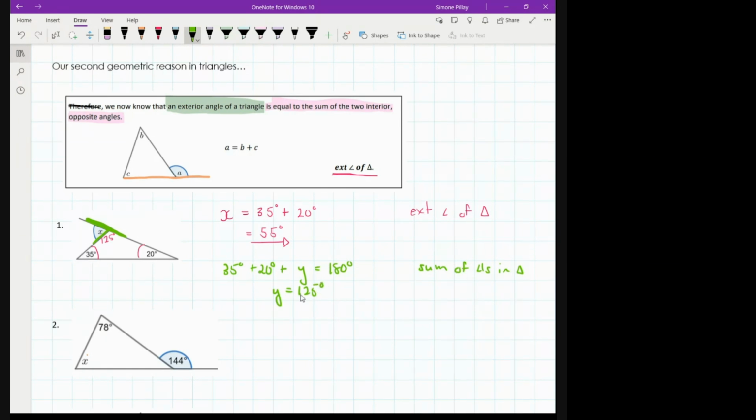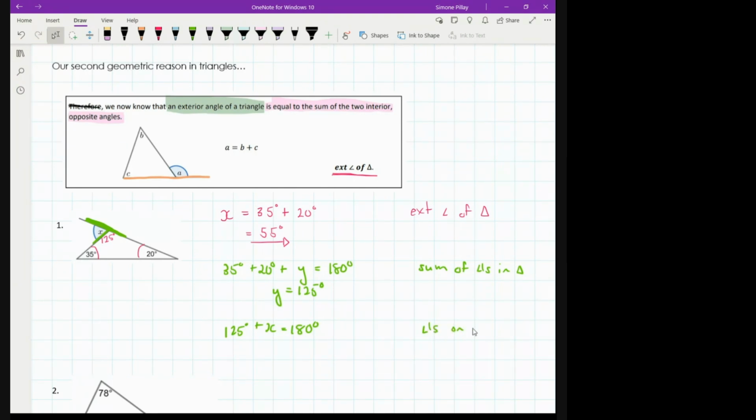And then we could have said 125 degrees plus x is equal to 180. What is my reason? It is angles on a straight line.